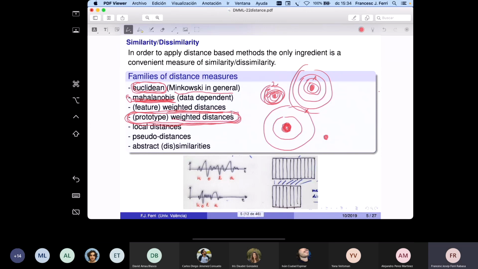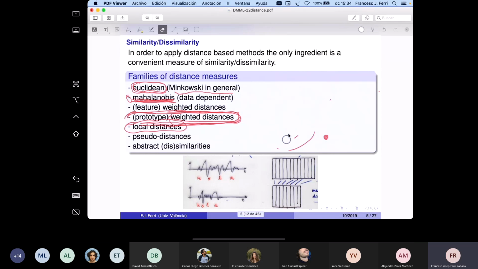These are called weighted distances, which is something similar to what we call local distances. Local distances are opposed to what we call global distances.